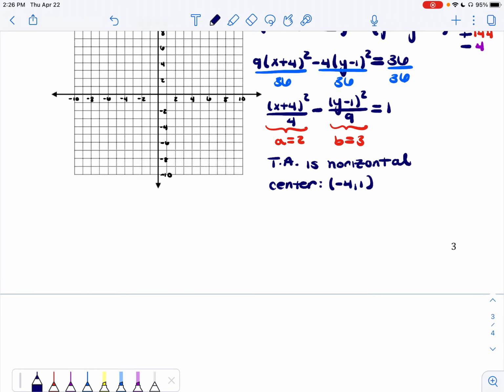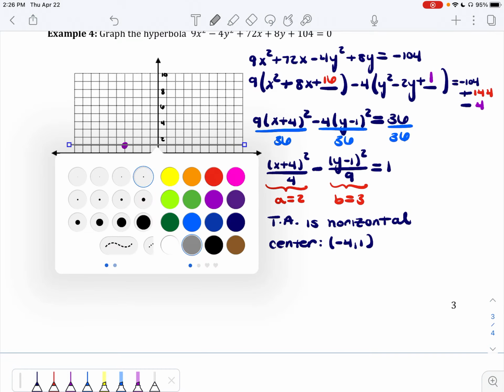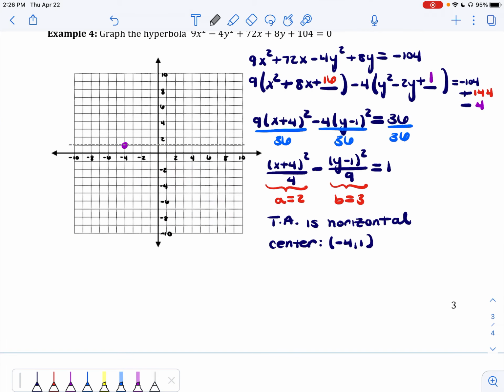So let me go ahead and just start plotting some of this. So center is at -4, 1. Our transverse axis is the horizontal line that passes through the center. And the conjugate axis is the vertical line that passes through the center.